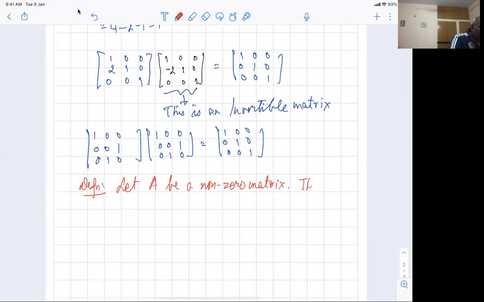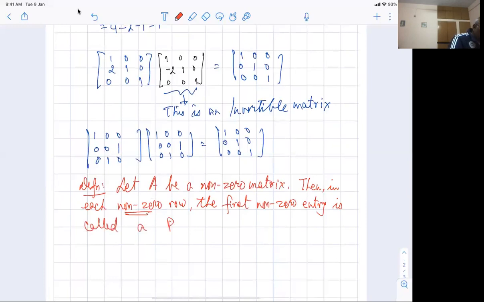Then in each non-zero row, all right, non-zero row, that's important, the first non-zero entry is called a pivot. The first non-zero entry is called a pivot, all right. Or sometimes we also say that this is a leading entry.